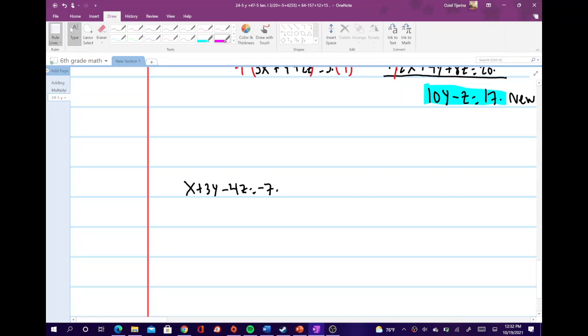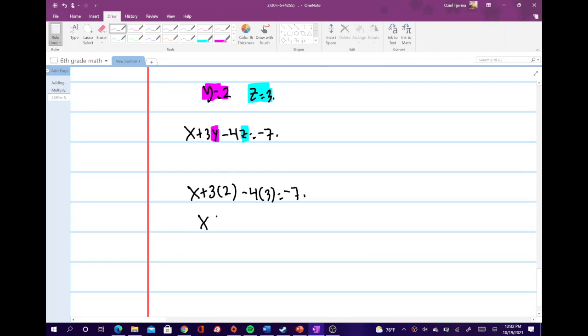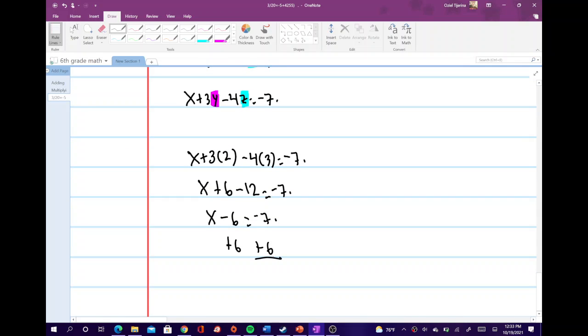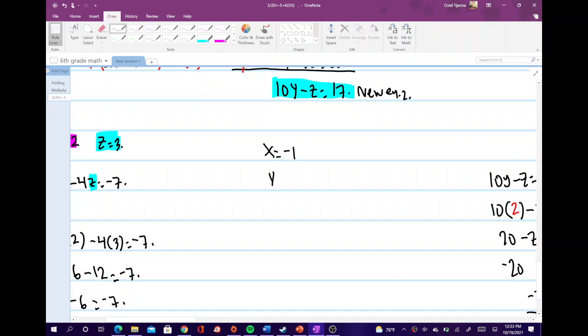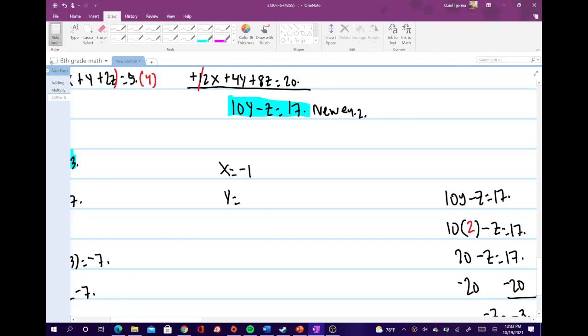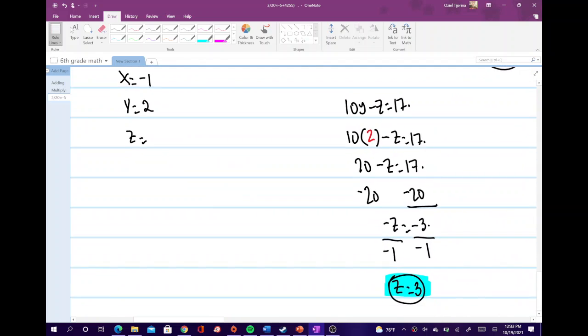So then I'm just going to say x plus 3 times 2 minus 4 times 3 equals negative 7. I'm going to say x plus 6 minus 12 equals negative 7. 6 minus 12 is negative 6, equals negative 7. I add 6 to both sides. I get x equals negative 1. So my solutions are x equals negative 1, y is equal to 2, right? And z is equal to 3.